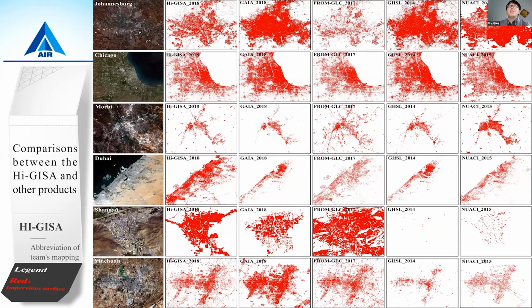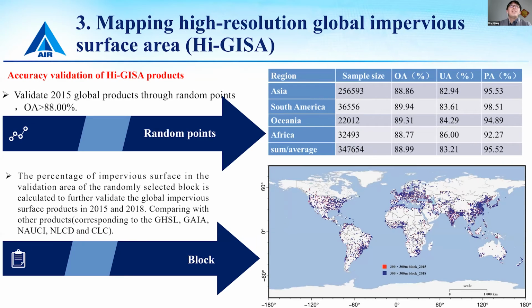So we can see on the whole, it shows a similar pattern, but our data, because we use 10-meter resolution data, can get more detail. And we also do some accuracy validation globally using some blocks in a random way. Our overall accuracy is 88%. And it has a slight difference in different continents.